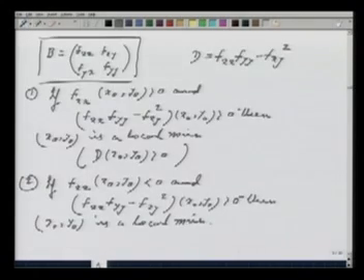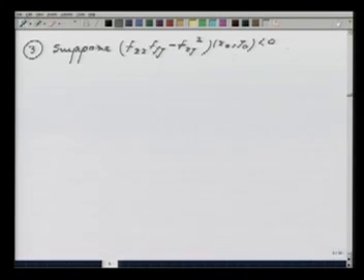Notice in the previous case, everywhere I have looked at this quantity is bigger than 0. I never looked at the case less than 0, which I am going to do now. Suppose it is less than 0, then it turns out that (x₀, y₀), this point, is neither a maximum nor a minimum.